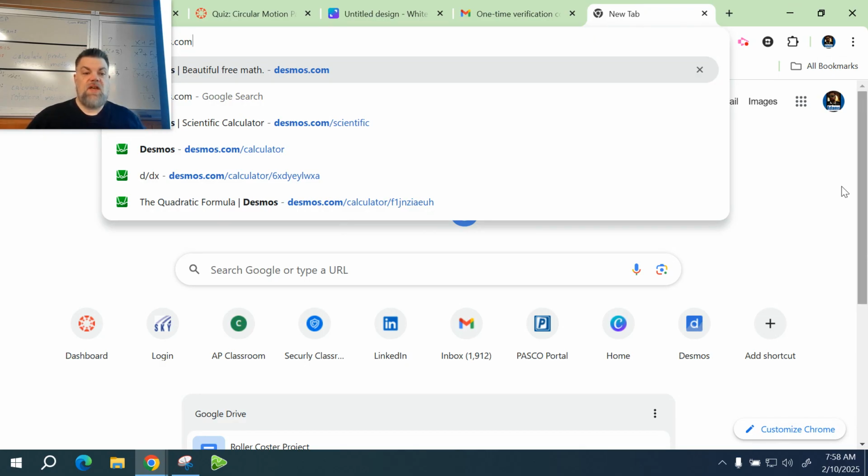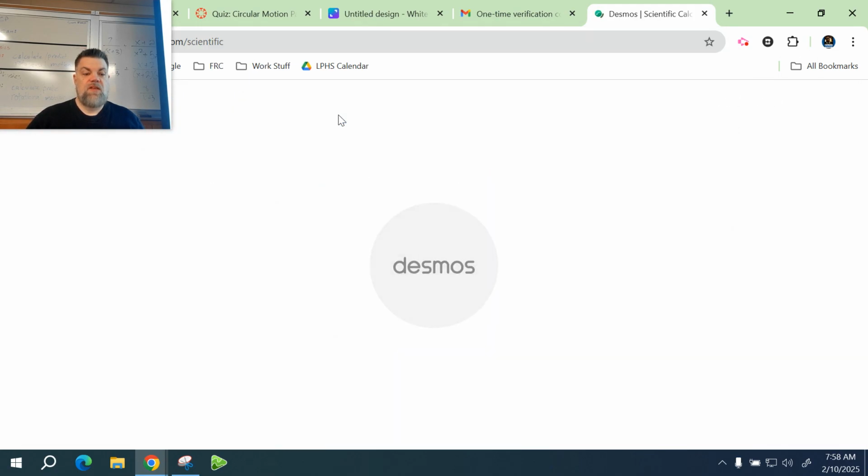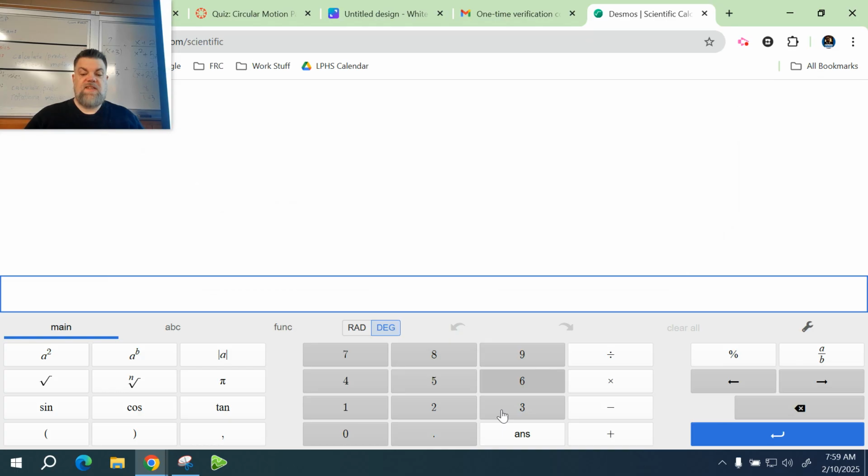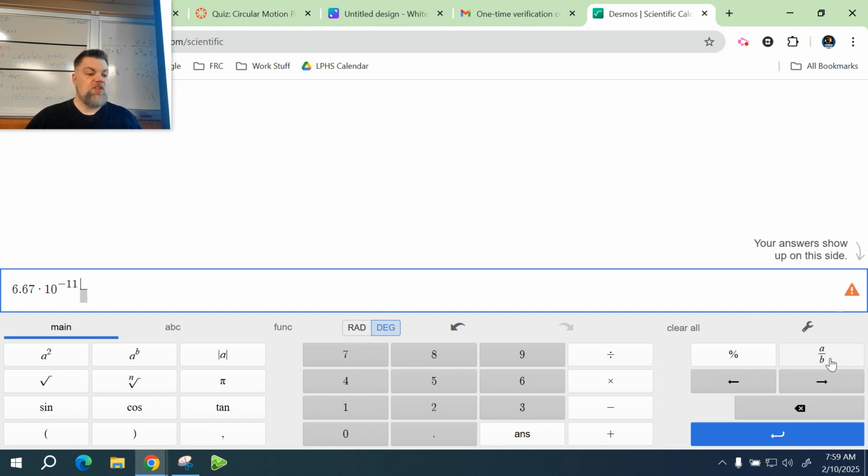Now you can actually do this in Desmos with the scientific calculator. So I'm going to say 6.67 times 10 to the, raise it here by hitting this button, negative 11. Then I've got to use this right arrow to get out of that superscript. And then I'm going to hit this button right here, which is my fraction.